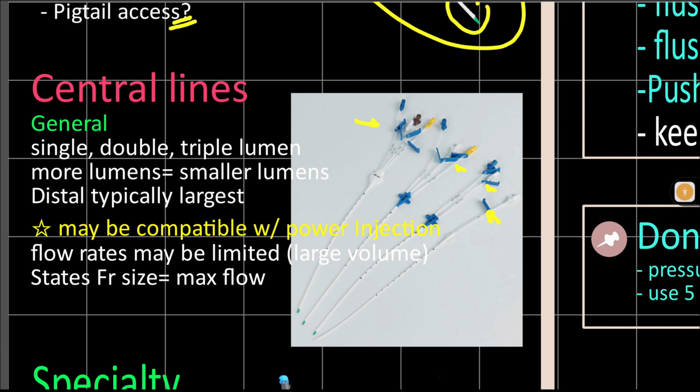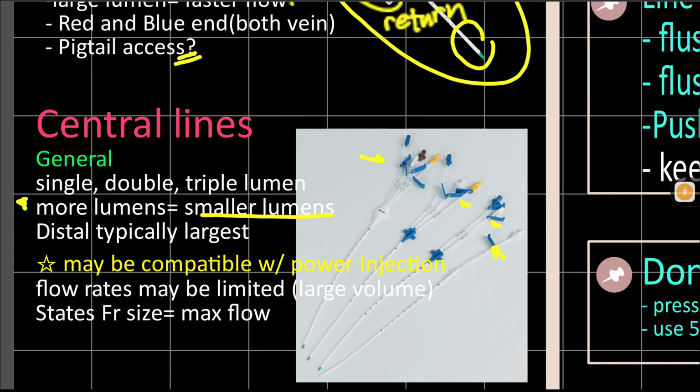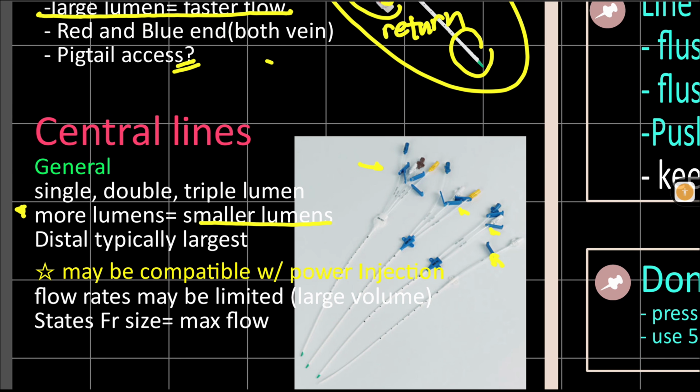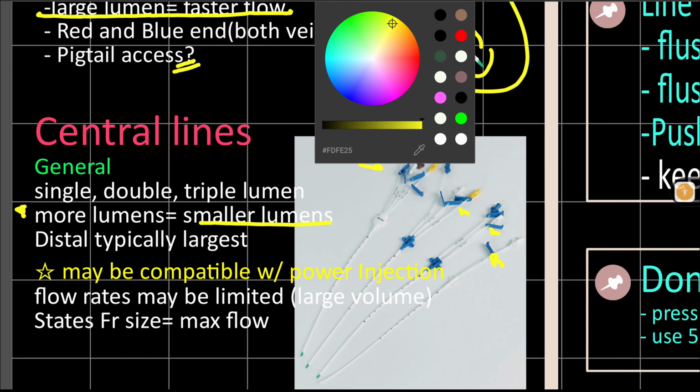I want you to understand what's with these lumens. The more lumens that you have, the smaller the lumens, or the amount of fluids or volume you can actually give to your patient. Here's how it works. Let me change my pen color so you can really see.